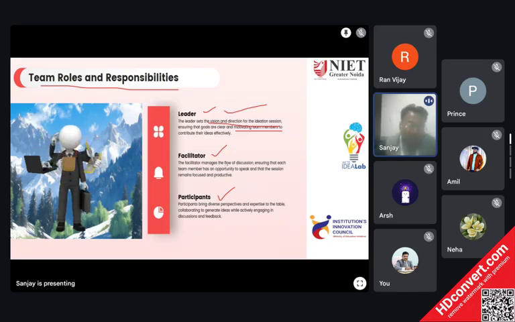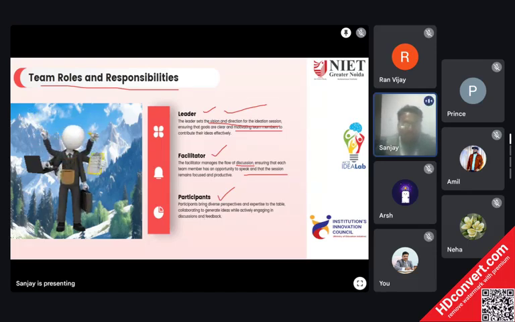The facilitator manages the flow of discussion. They start and organize the meeting. The facilitator's role is to give sufficient time to each and every member to give their suggestions or ideas in a productive way.